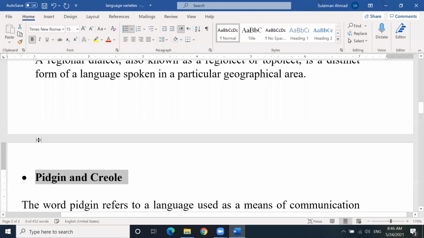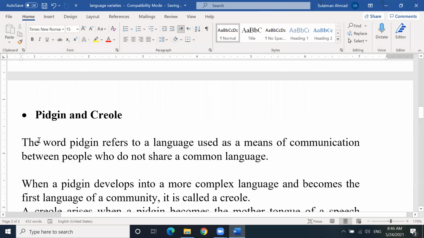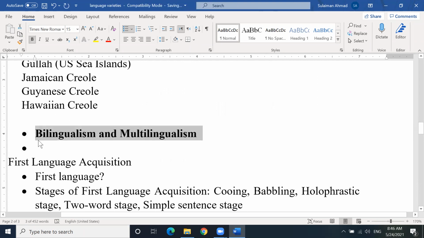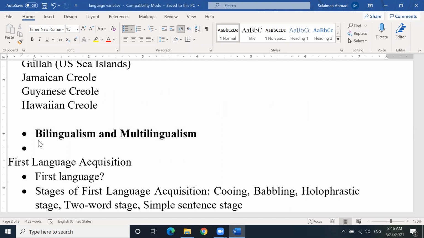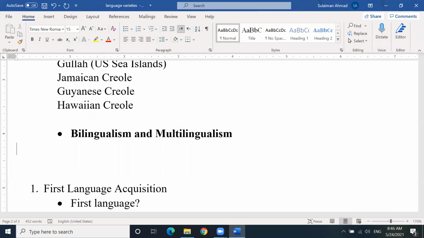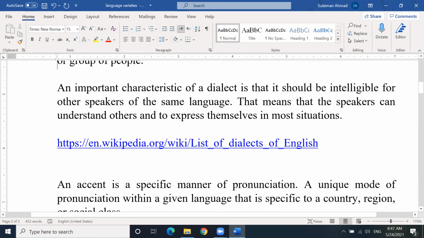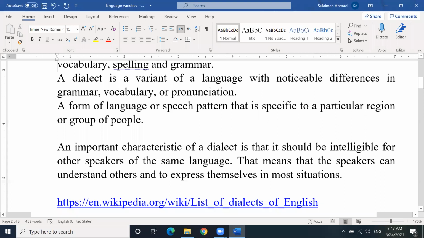We talk about pidgin and creole, bilingualism and multilingualism, so they are the most important topics in sociolinguistics and language varieties. So let's talk about the standard language first.